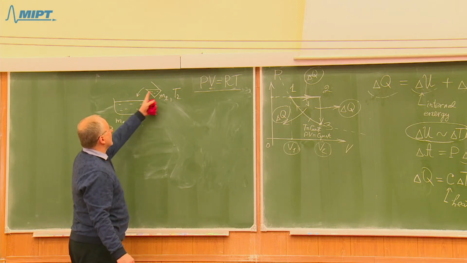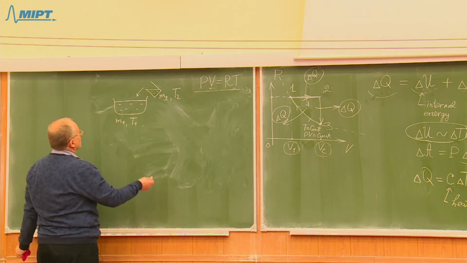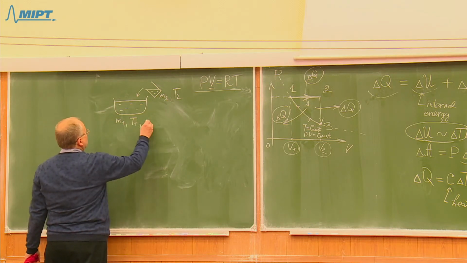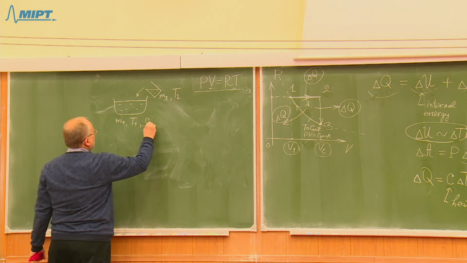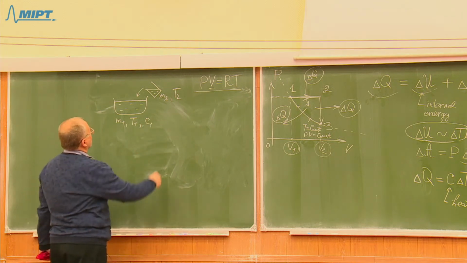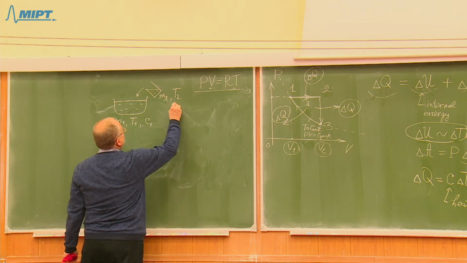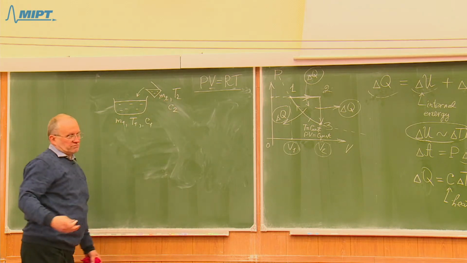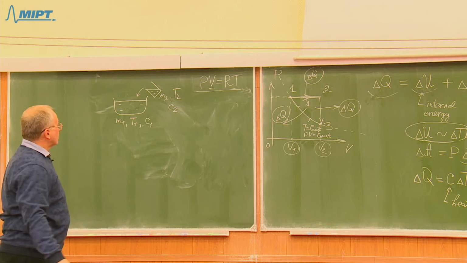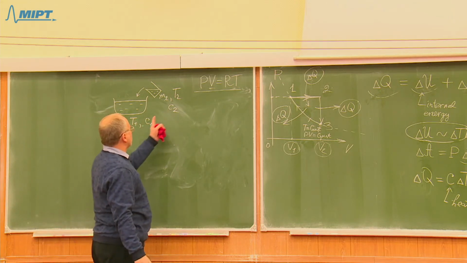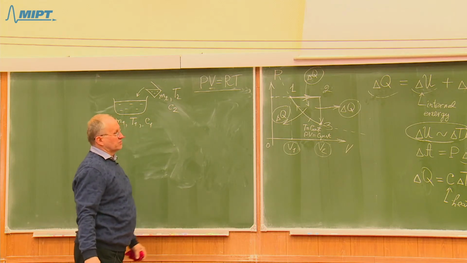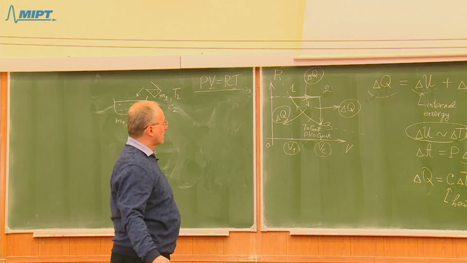But if liquids are different, then they will have different heat capacities. For example, this liquid may have heat capacity C1, and this liquid may have heat capacity C2. So if these are chemically different liquids, then they will have different constants, different heat capacities, or specific heat capacities.